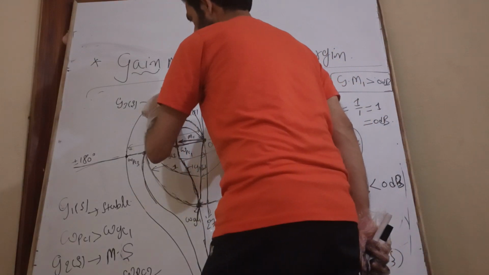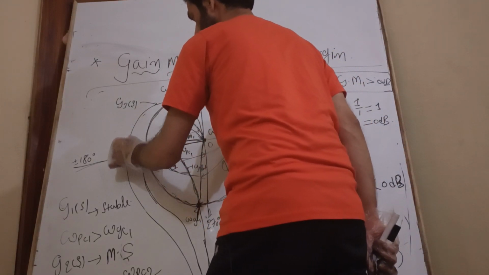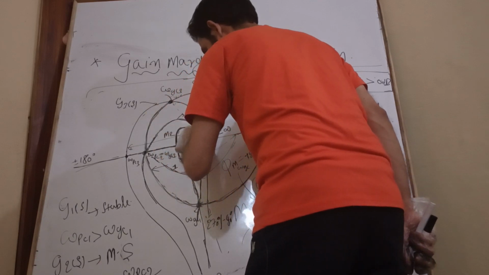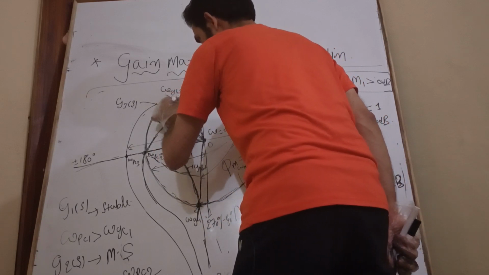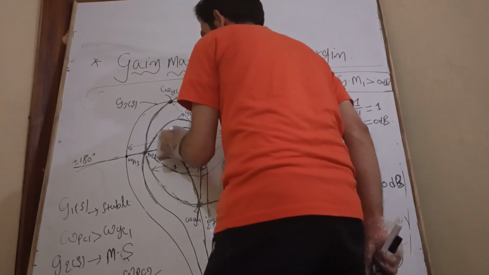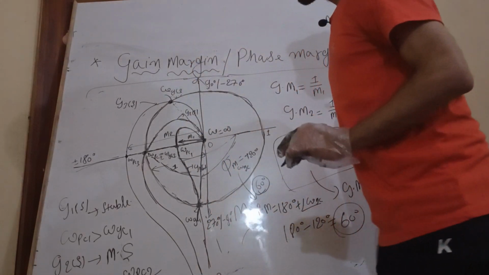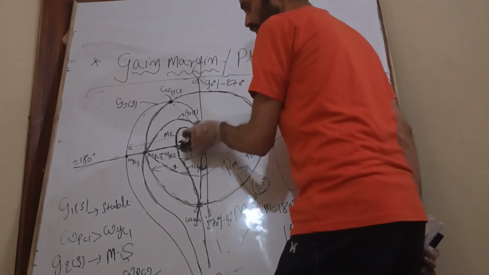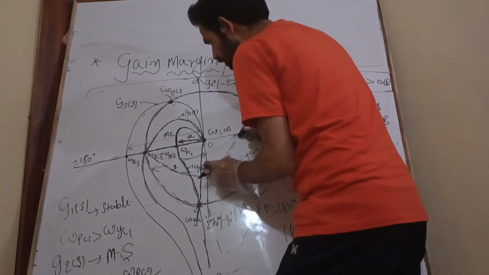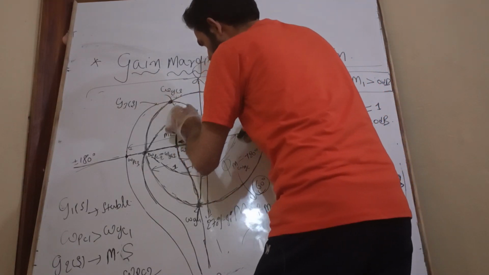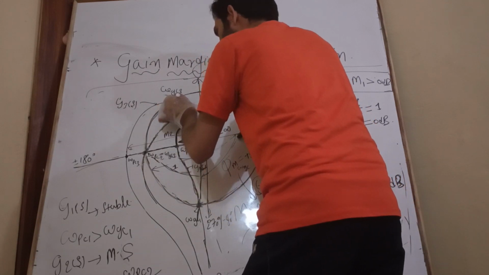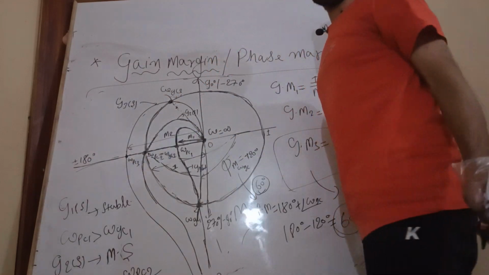And see here, where this curve is cutting, draw the line from the origin to that point, and after that calculate the angle. This is greater than 180 degree. If you count the angle from here to here, up to this is 180 degree, and after that it is greater than 180 degree.